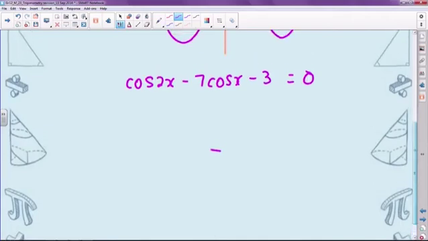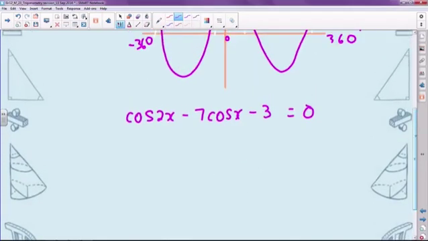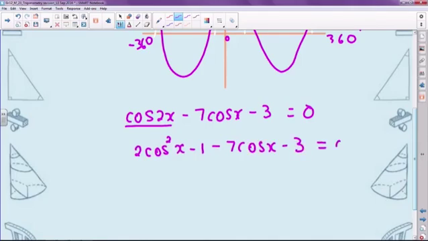The next step is generally always going to be, find an expansion if you can, or factorize if you can. In this case, we know that cos of 2x does have an expanded form. We can rewrite that as 2 cos squared x minus 1. And I will leave the minus 7 cos x and the minus 3 as they are.